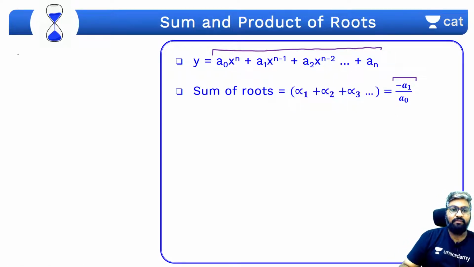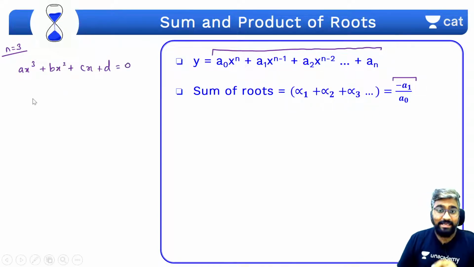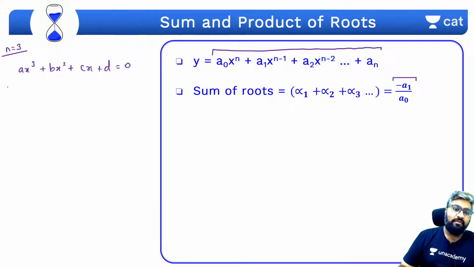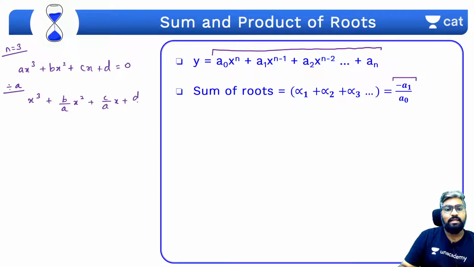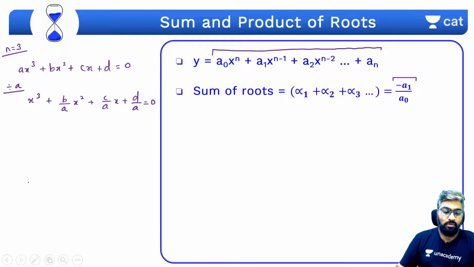For example, if we take a cubic equation, ax cube plus bx square plus cx plus d equal to 0, divide everything by a. You will have x cube plus b by a x square plus c by a x plus d by a equal to 0. Now assign alternate signs.